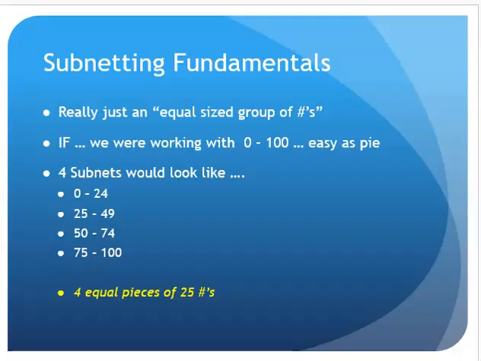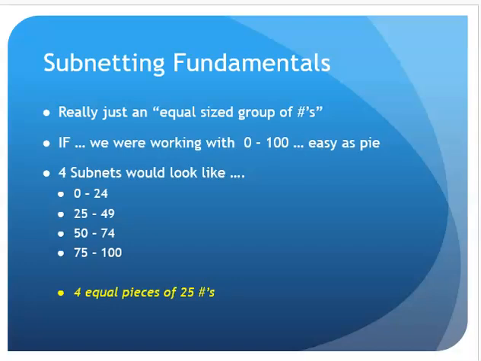Next thing we want to remember is subnetting is really just taking the whole network and breaking it into equal pieces. Kind of like cutting a large pizza into 4 pieces or 8 pieces. I'm going to take that large pizza and break it into equal pieces so everybody can have a piece and be happy, as opposed to one person having the whole pizza and nobody else having any pizza.